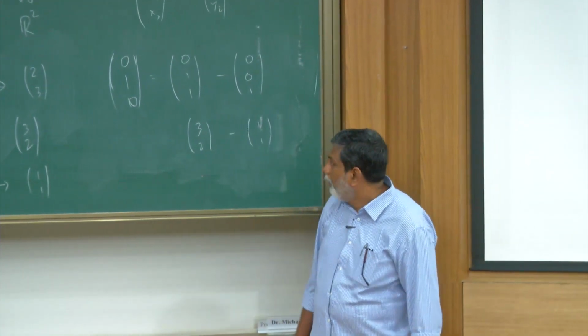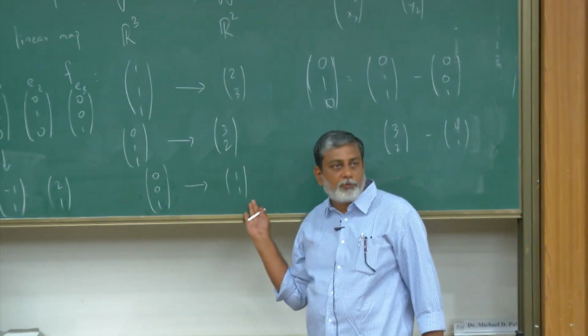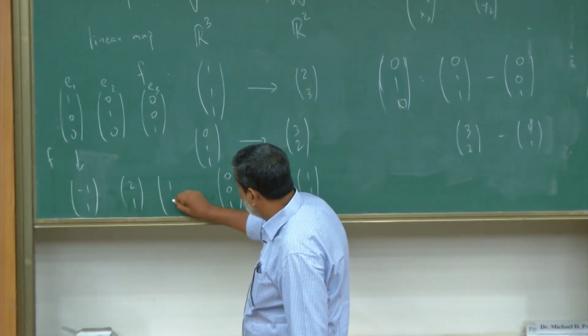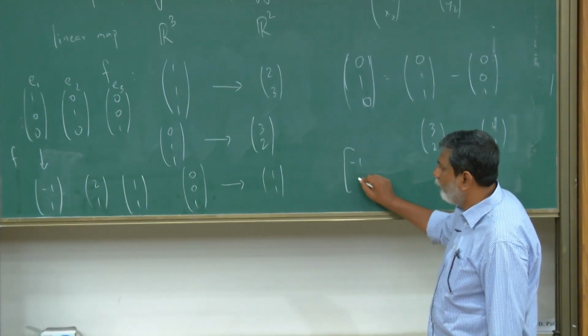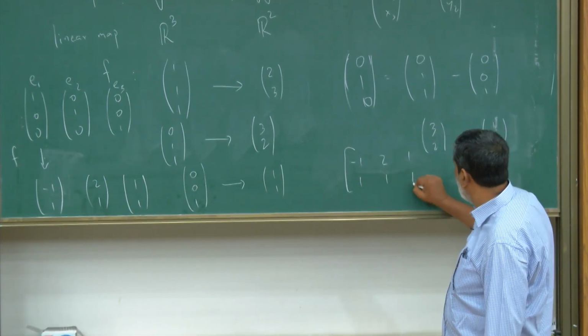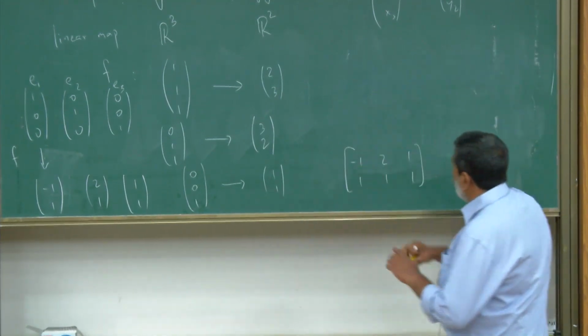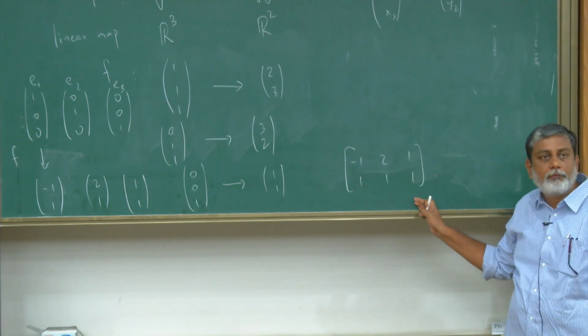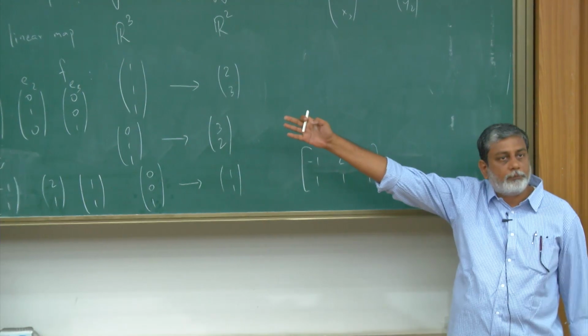And (0, 0, 1), we know where it maps to: (1, 1). I put these three together: (-1, 1), (2, 1), (1, 1). This is the matrix that represents that linear map.